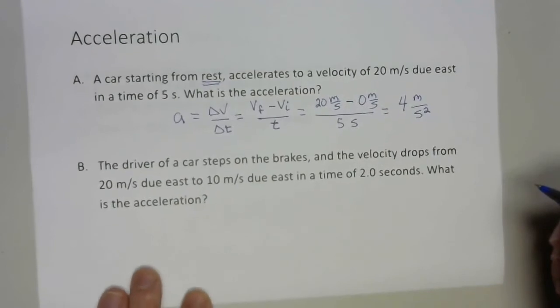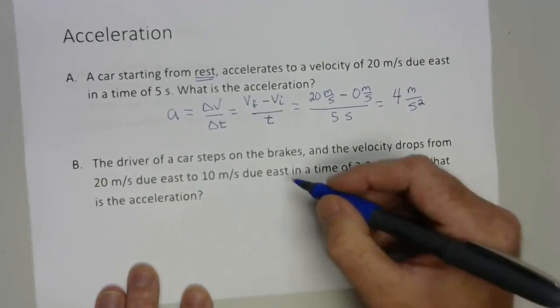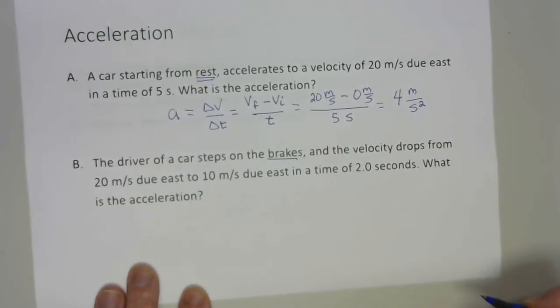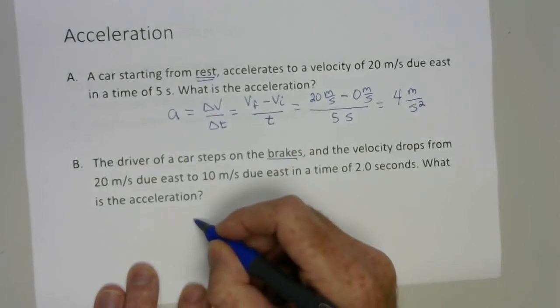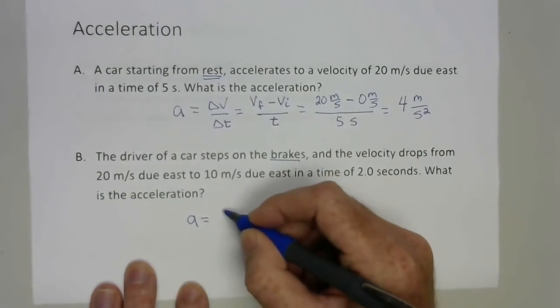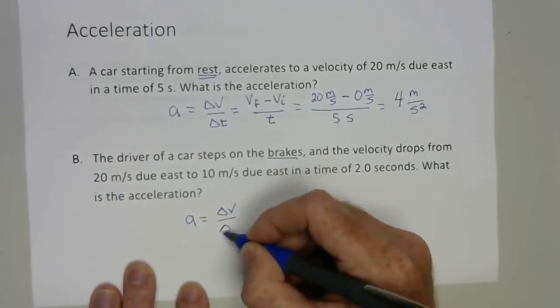Now in the next problem, the car is slowing down because we're hitting the brakes. The velocity drops from 20 to 10 meters per second over a period of 2 seconds. We want to again know the acceleration. So the acceleration is equal to the change in the velocity over the change in time again.